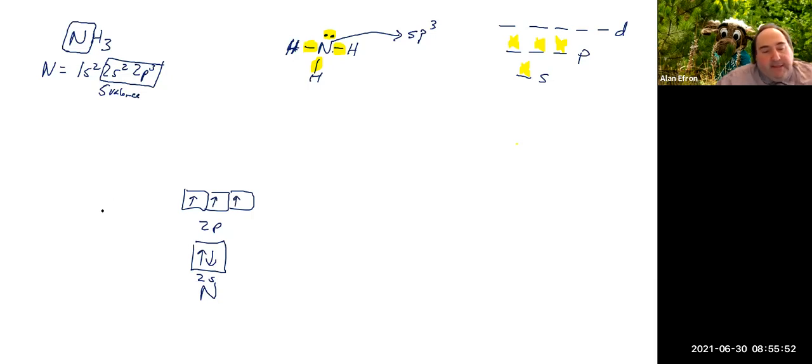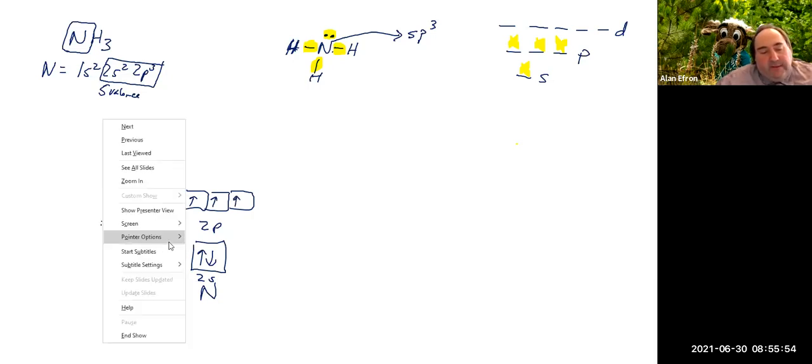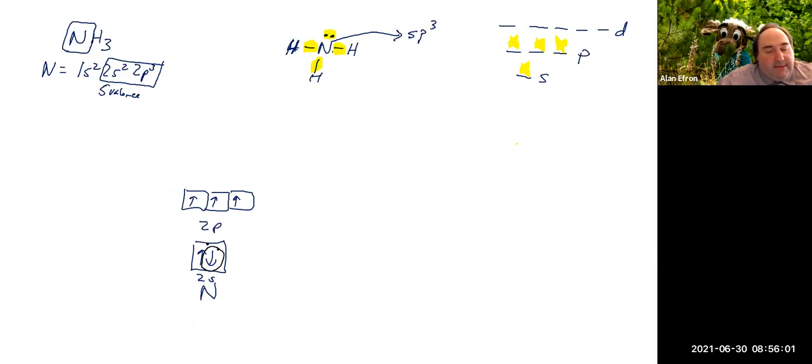What's going to happen in this case is we get that promotion like we've been talking about, which means this lower electron is going to go up. Now we run into a situation where all 3 of these p orbitals already have electrons. Just like with electron configuration, we put them in one at a time, and the next electron, the 4th one in this case, would go back to the first one in the opposite direction.